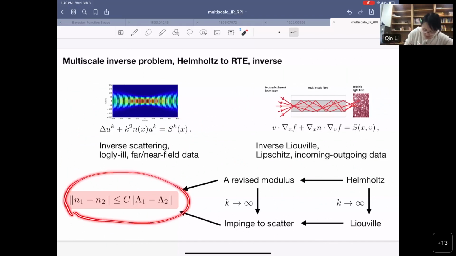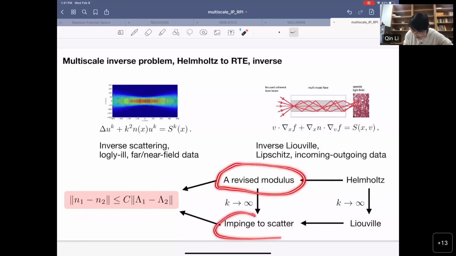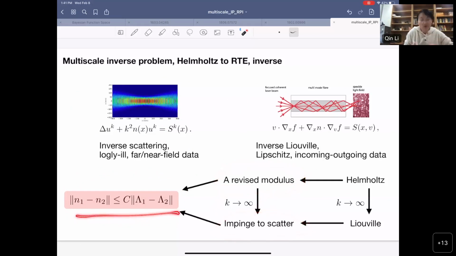What we can prove is that this revised inverse scattering problem is a well-posed problem. In this setting, when your frequency k goes to infinity, the data structure here becomes the data structure in the limit, and then both of them are Lipschitz stable.